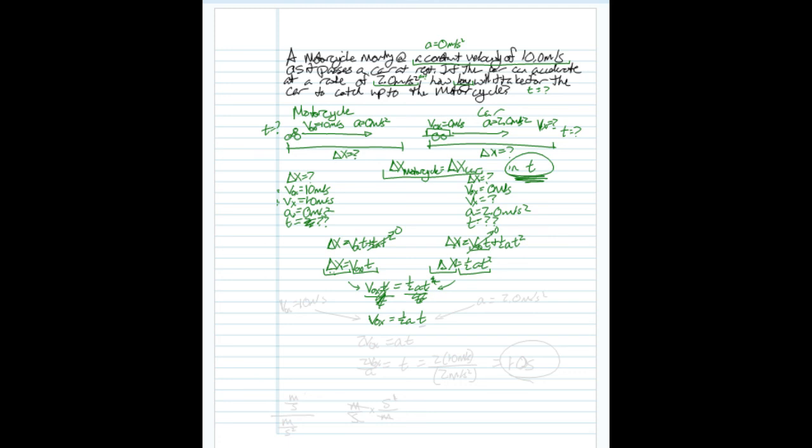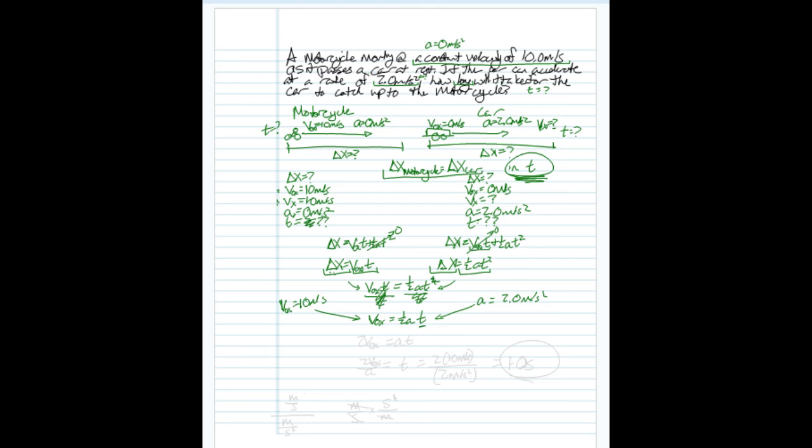So now it's going to get a little messy, and this is where color coding would help. But I just have to remember that the acceleration is for the car, and that the velocity is for the motorcycle. And I'm going to get time all by itself.